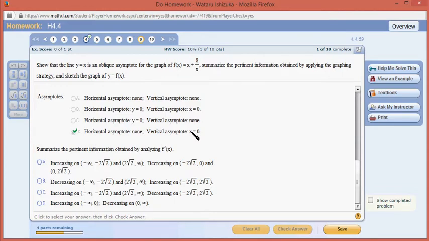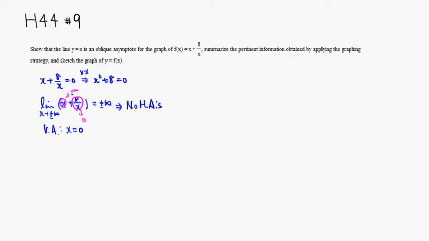Now we have to look at the first derivative. So let's take the derivative. f prime of x is the derivative of x, which is 1, plus the derivative of 8 over x, which is negative 8 over x squared. Taking the common denominator x squared, you have x squared minus 8 over x squared.